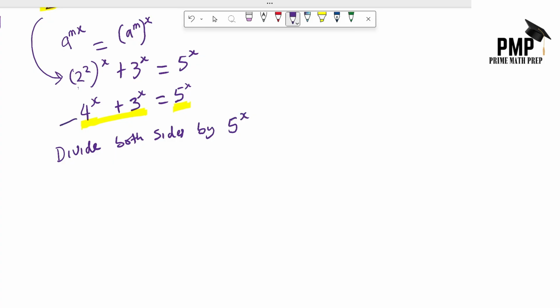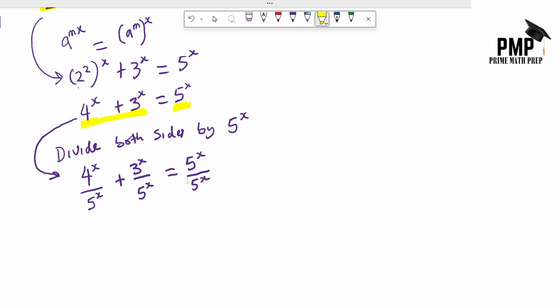The equation here will now become 4 to the power of x divided by 5 to the power of x, plus 3 power x over 5 power x, equal to 5 power x all divided by 5 power x. Remember what we said, we are trying to equate all this to 1.